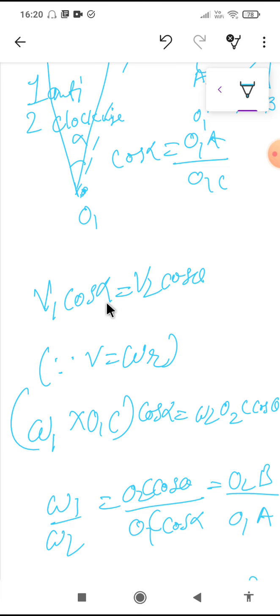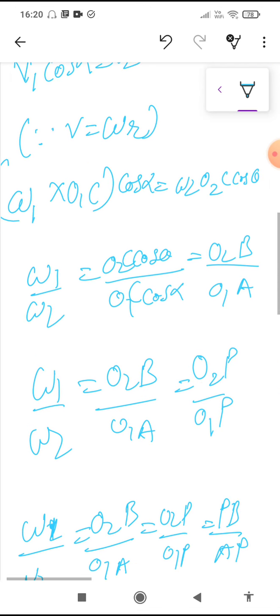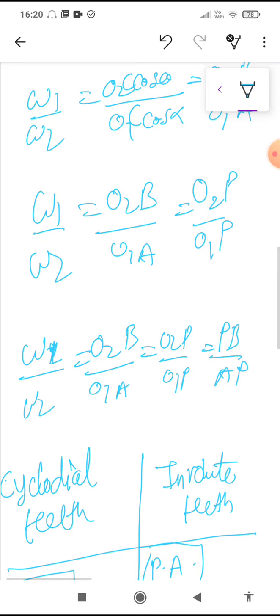From this equation, by substituting various values and taking different triangles, we arrived at many forms of this law, and we converted the velocity into angular velocity also, that is omega 1 by omega 2.